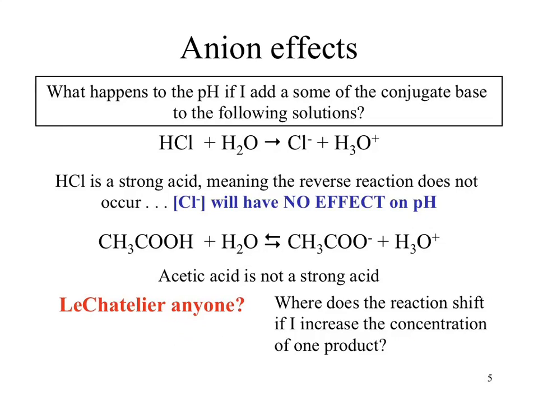Increasing the concentration of the products. Which way does the equilibrium shift? Towards the reactants. Which means what happens to the concentration of H plus? Decreases, which means what happens to the pH? Increases.